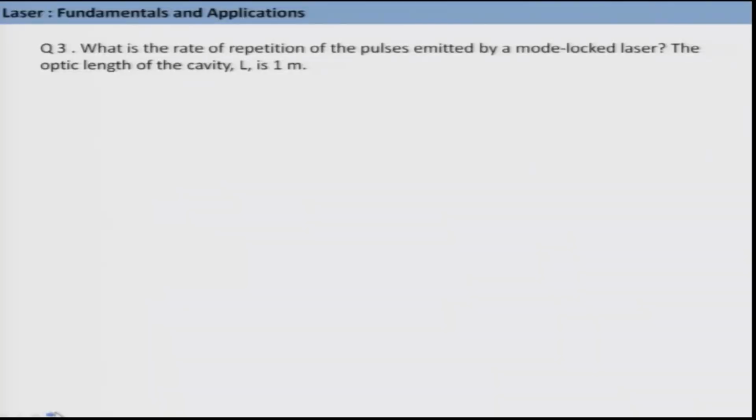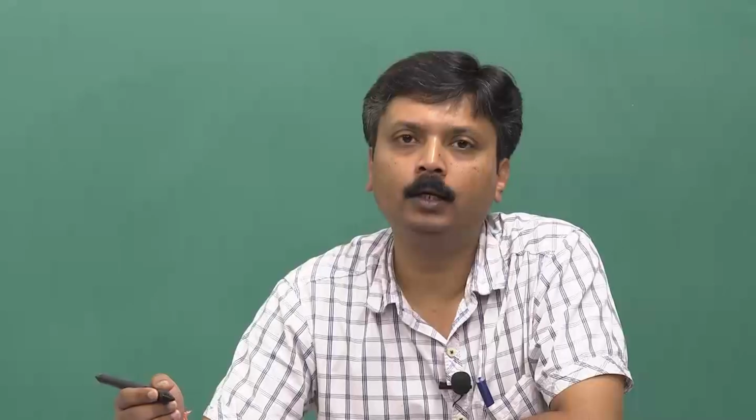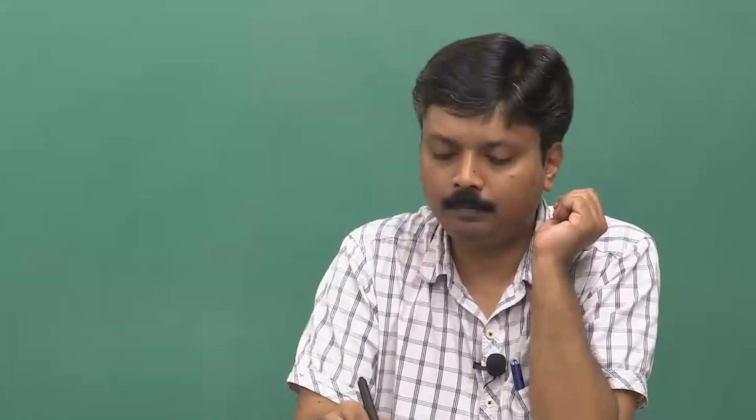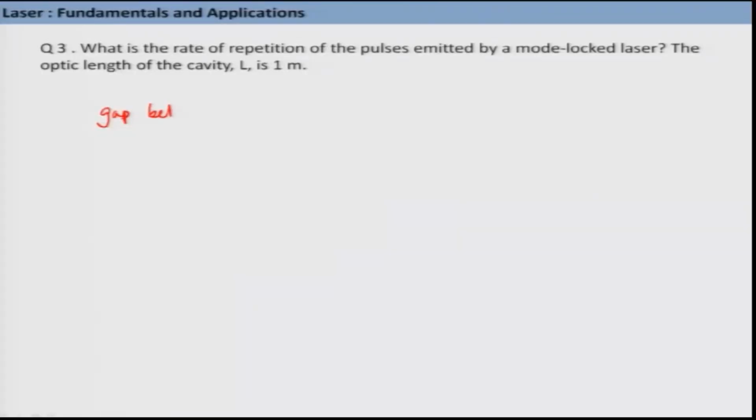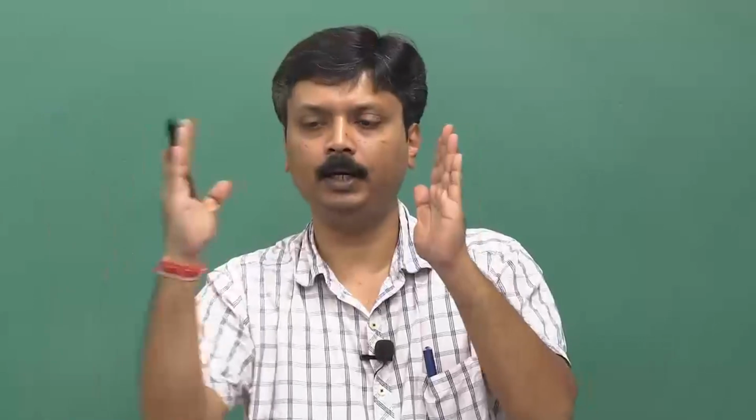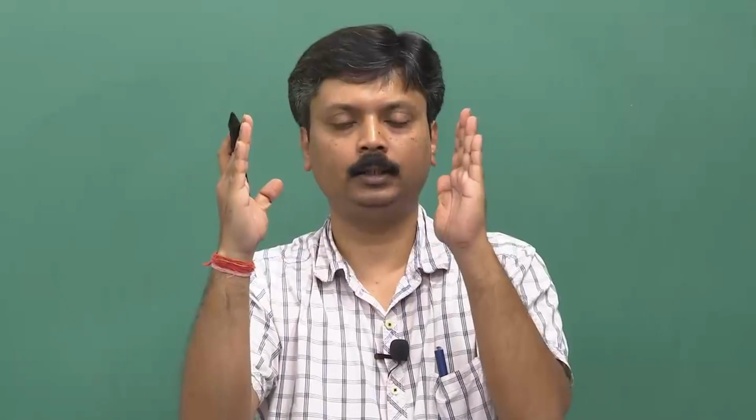and for this particular type of laser, the gap between two successive pulses is given by 2L by C. There are several pulses coming, and this is the gap between two pulses.